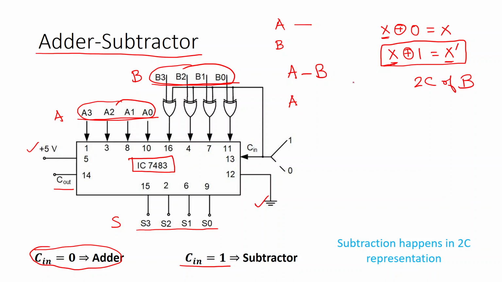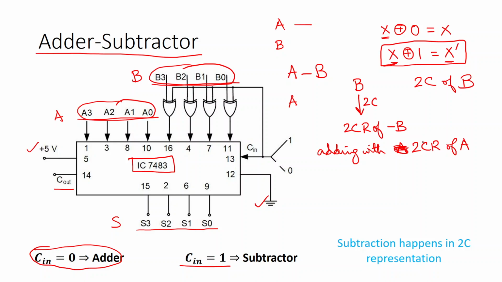It will take the positive number B, it will make its 2's complement. So you are getting a 2's complement representation of minus B, and you are adding it with A, and A is nothing but the 2's complement representation of A, because A is a positive number.